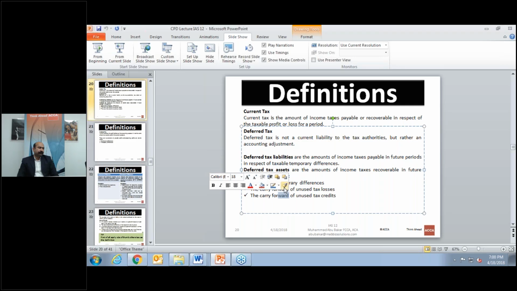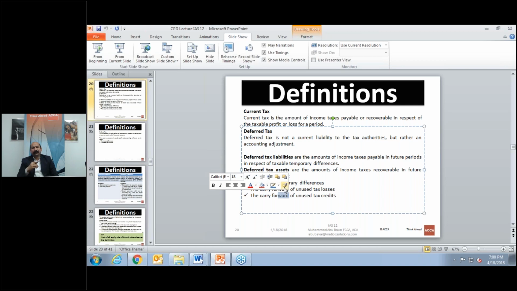Okay, Usman Yusuf asks, what are the implications of permanent differences? Usman, permanent differences are those differences which are permanently disallowed. So their implication is that there is no implication so far as deferred tax is concerned. No other treatment. Simply ignore it.